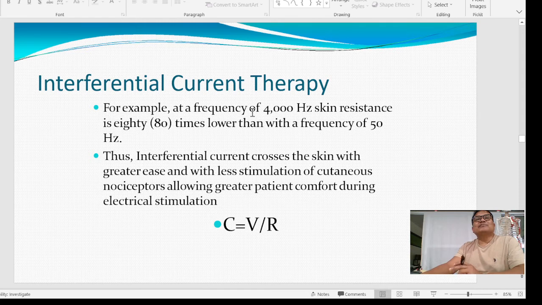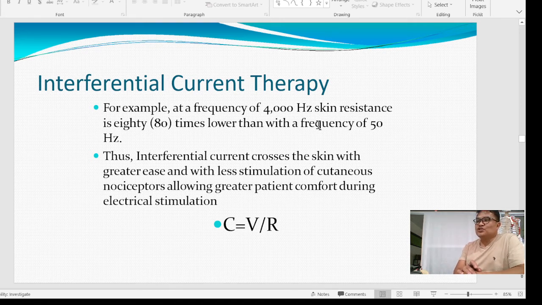For example, at the frequency of 4,000 hertz, skin resistance is 80 times lower. So nindot kay pag-apply nimo kay high frequency siya, ang resistance sa skin is lower compared sa low frequency.